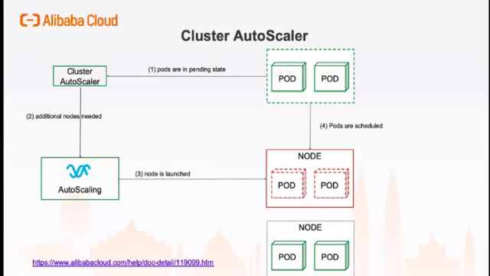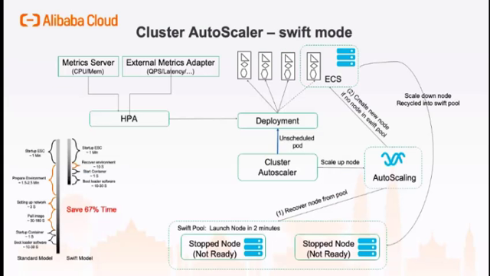Yeah, sure. For cluster AutoScaler, we have two models. One is the standard model, and the other is the Swift model. What is the difference? The Swift model will save 67% of the time compared to the standard model. So how does it work? Like I said, AutoScaling is in charge of adding or removing nodes.